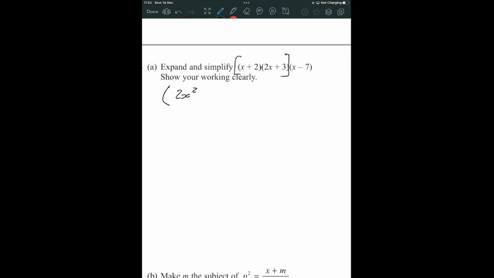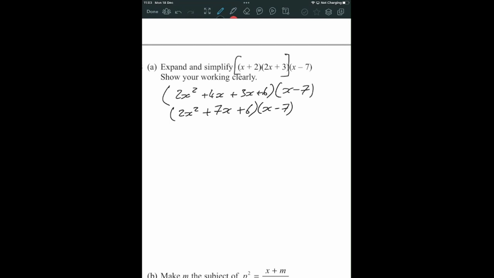Our firsts, insides, outsides, and lasts. I'm going to keep that x minus 7 there because I need to deal with it in a moment. I still want to stay mathematically correct. So there's my first expansion done.